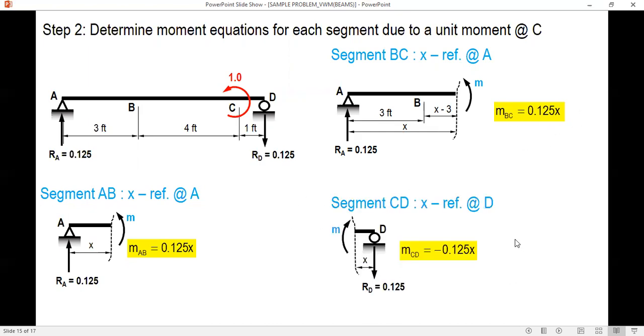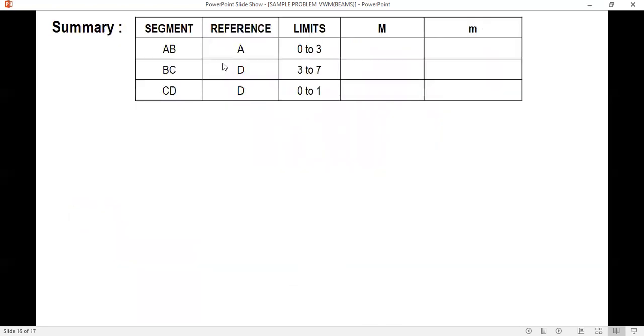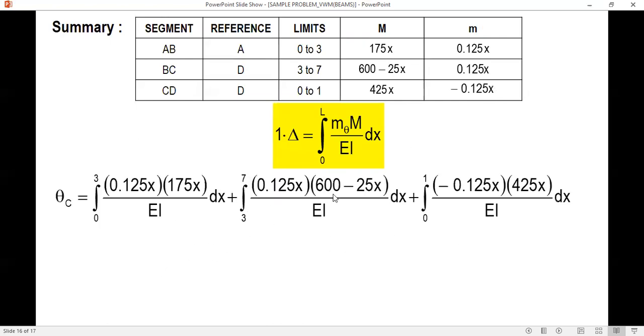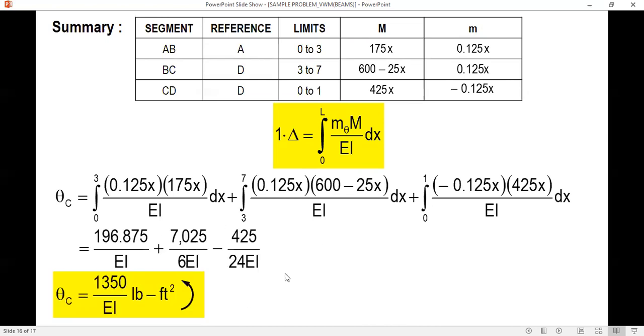For CD, no changes. Again, this is A. For segment BC, the reference is point A. So, substitute the expressions and the final answer is the same. It's 1,350 over EI.